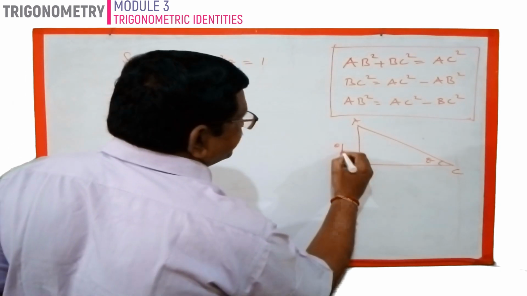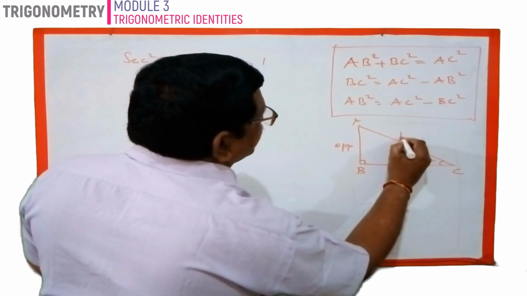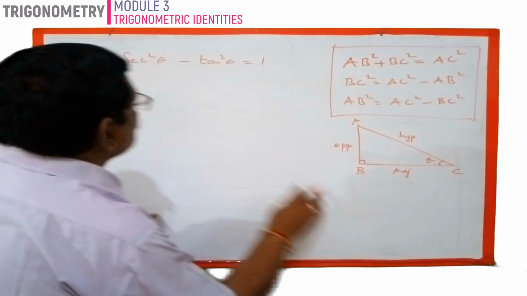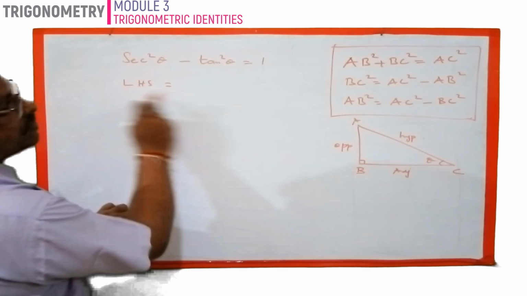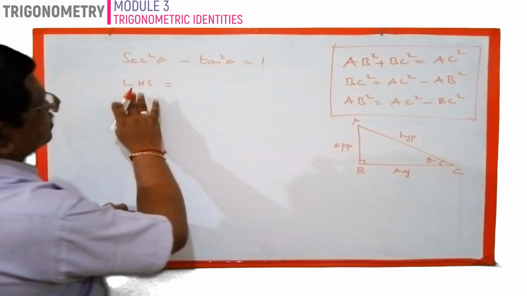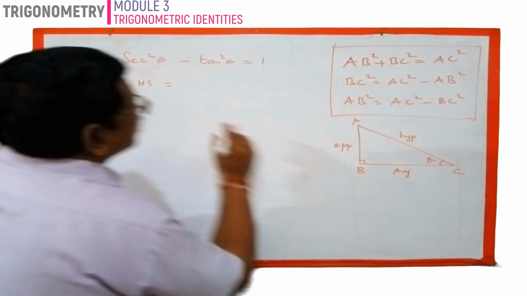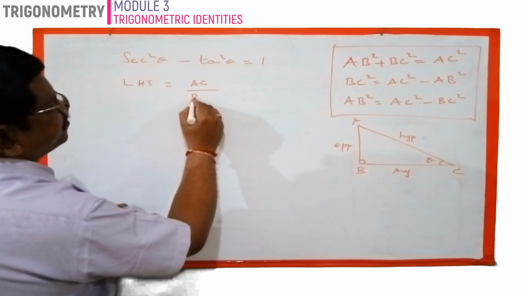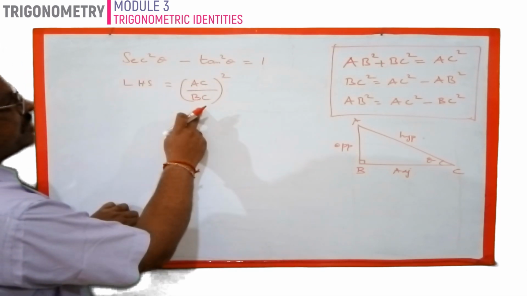This is the opposite side, this is the adjacent side, this is the hypotenuse. So as per the rule, let us take the left hand side now. Secant square theta is nothing but the hypotenuse, that is AC, by the adjacent side BC whole square. So secant theta is nothing but AC by BC.